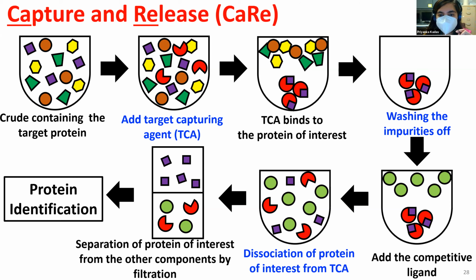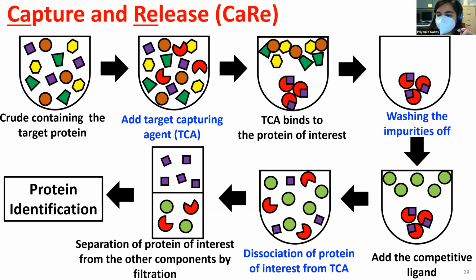In step number 3, the TCA binds to only the protein of interest, the purple protein. In step number 4, the washing step washes off all the other unwanted proteins. What remains is the complex of TCA and the protein of interest.